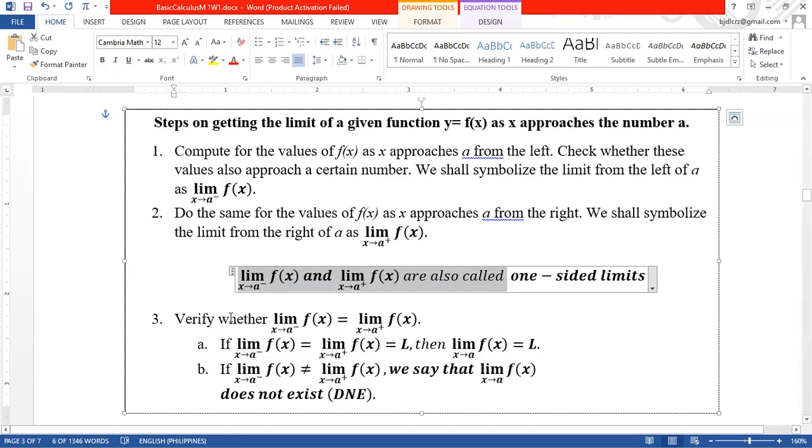So we can verify whether the limit of f of x as x approaches a from the left is equal to the limit of f of x as x approaches a from the right. So ma-verify na nato sila if equal.